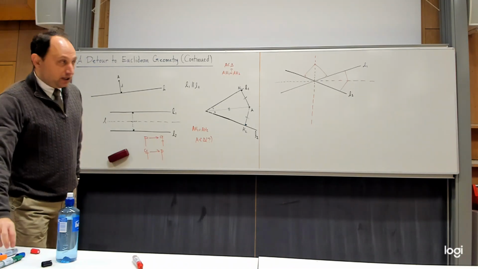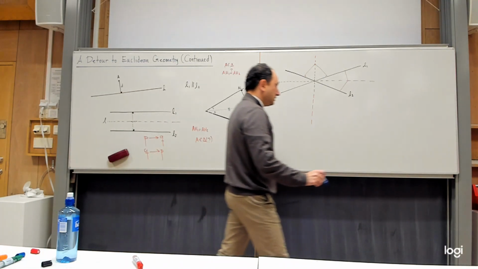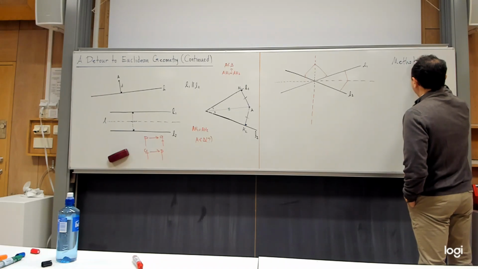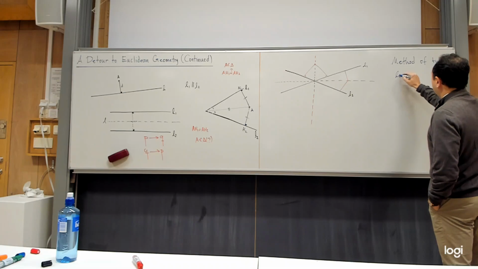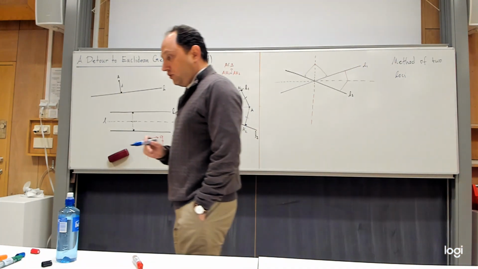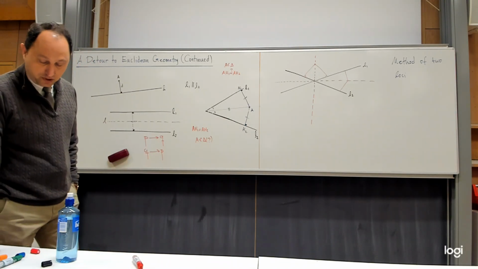Okay, for example, and then I want to give you a very important tool. It's called the method of two loci. Extremely important. If I want to locate a point in geometry, this is a very important tool. For example, I give you a triangle.